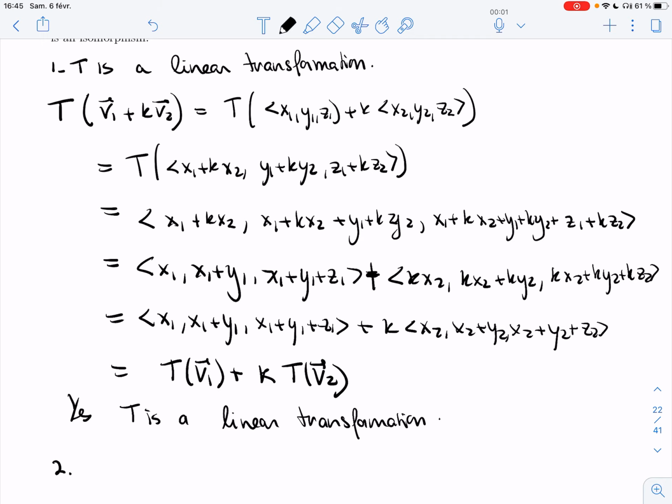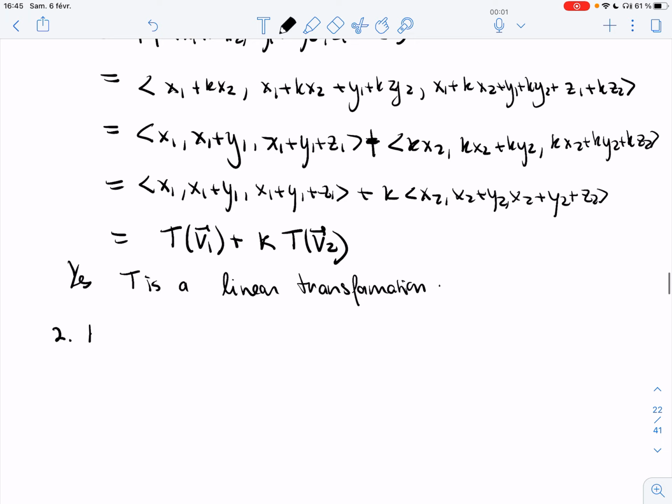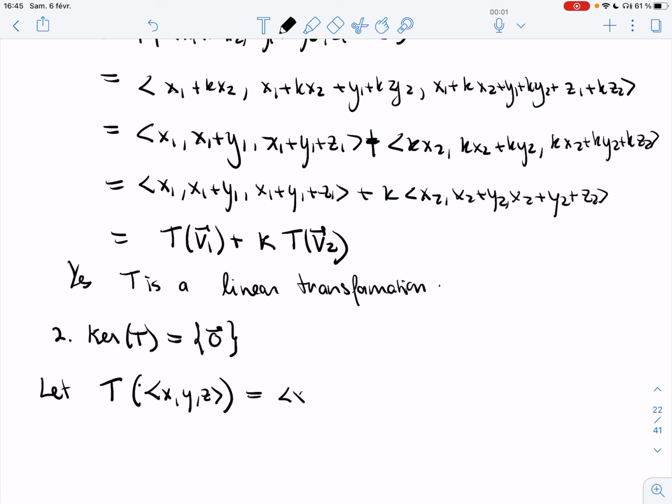And second, I'm going to look at the kernel. I want to prove that the kernel is just 0. So let's take T of (x, y, z). That's (x, x + y, x + y + z). Let's assume that this is (0, 0, 0).